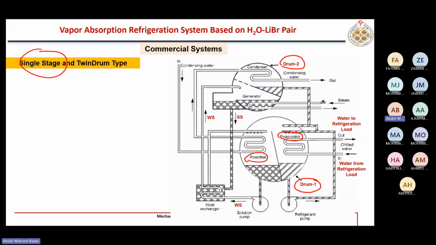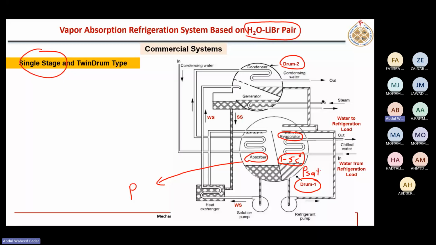For the water lithium bromide system, because so far we are discussing that system, the pressure here is very low, because we are making water evaporate in the range of 1 to maybe 5 degrees Celsius; below this water will freeze, so water cannot be used below 0. This is the temperature range at which water is to be boiled, and the absorber is almost at the same pressure. So what is that pressure?